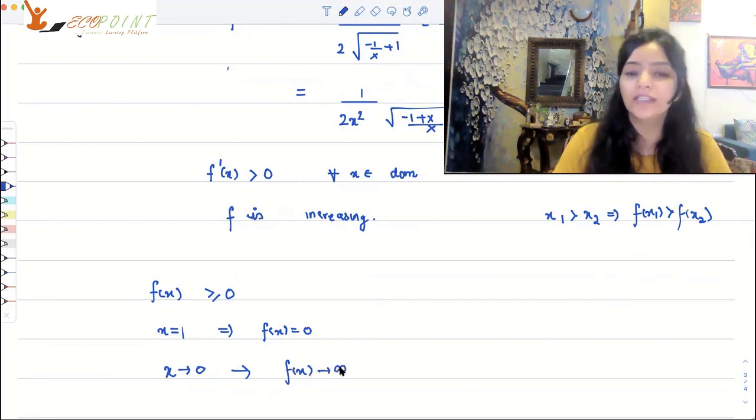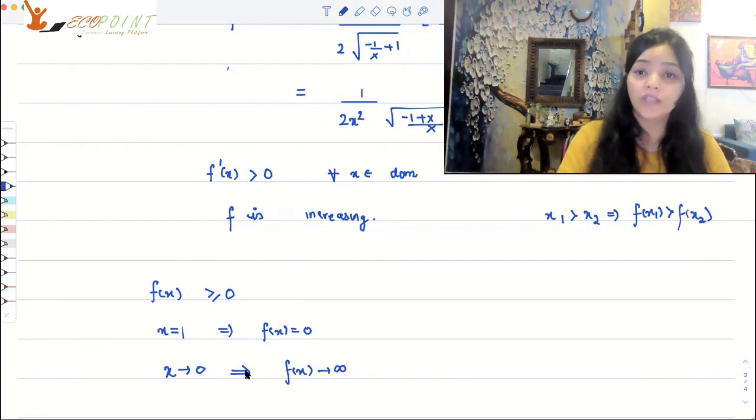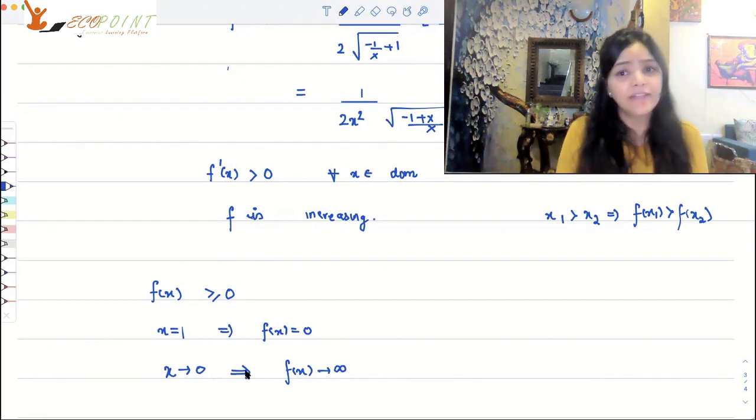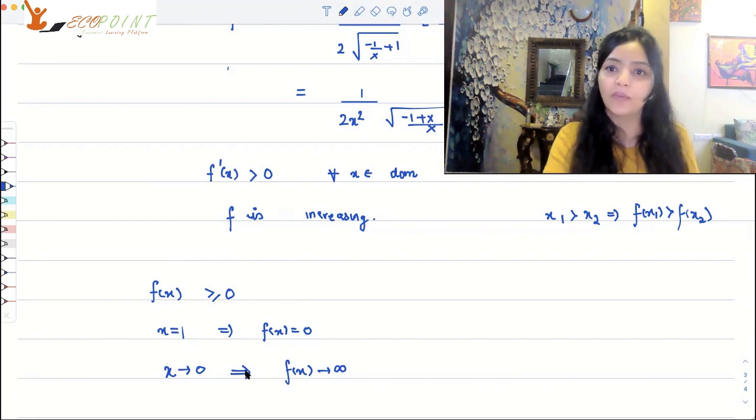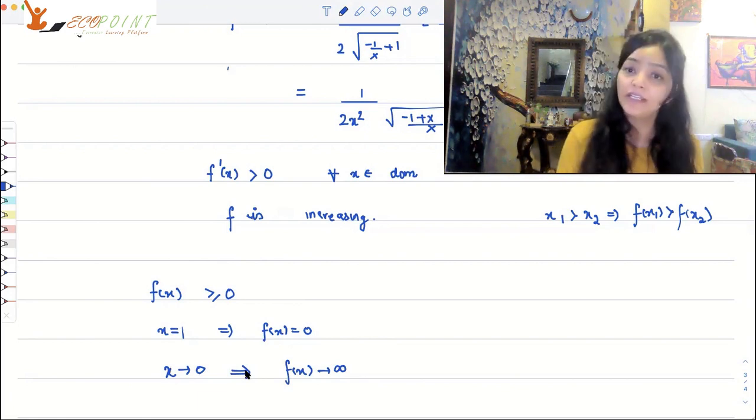So if you would see graphically, the function would be reaching almost up to infinity somewhere, and infinity is the biggest positive number which does not exist. But it's the biggest if you compare with any other real number. Infinity would be the biggest positive number, right? So hence we can say that the function is approaching infinity.